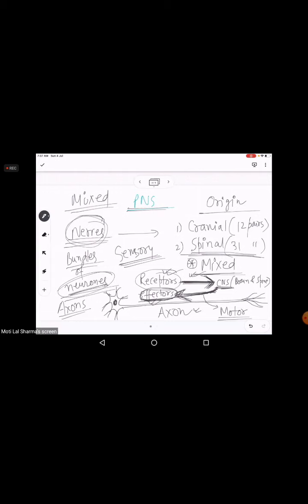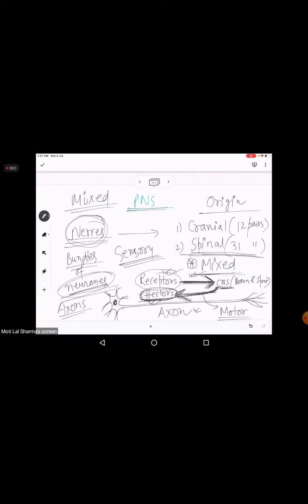So they are mixed nerves. And remember, all 31 pairs of spinal nerves are of mixed type. Mixed type means these 31 pairs of spinal nerves can transmit impulses towards your CNS from receptors, and away from your CNS to your effectors, in both directions, towards as well as away from your central nervous system. Those nerves are said to be mixed nerves.